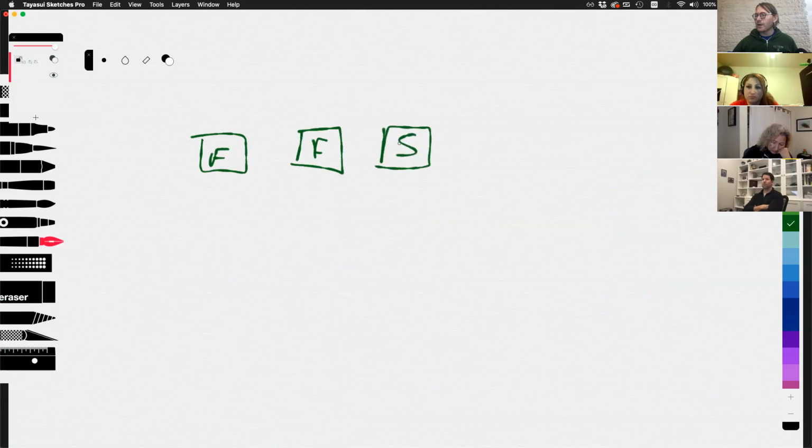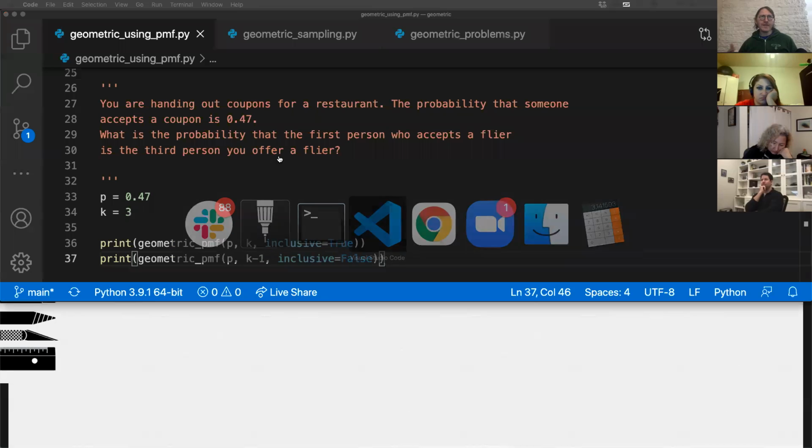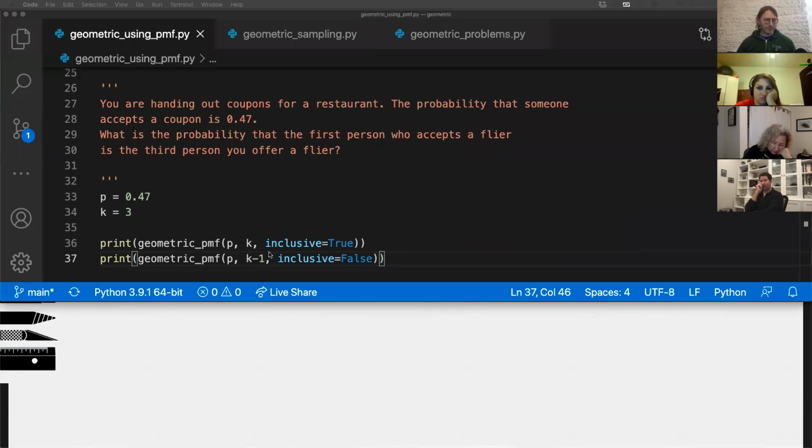They take the coupon. Either we think of K as being the position of the success, which is 3 in this case. So if we're being inclusive of the success, then K is 3. If we're being exclusive, then K is 2, or K is 3 minus 1, right? And so the results of these should always be the same.